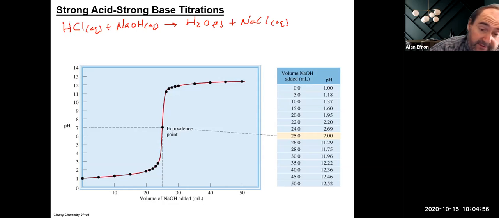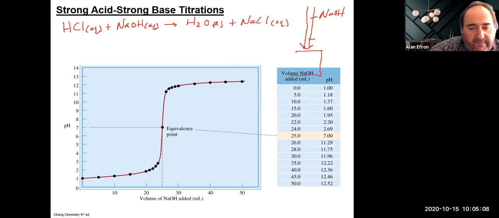Now, for visualization purposes, what is happening in this titration is that up in the burette we have our sodium hydroxide, and down in your beaker or flask, whatever it may be, we have our HCl. So we're adding base to an acid in this particular titration. Down here is the volume of sodium hydroxide that has been added, and this is the pH.